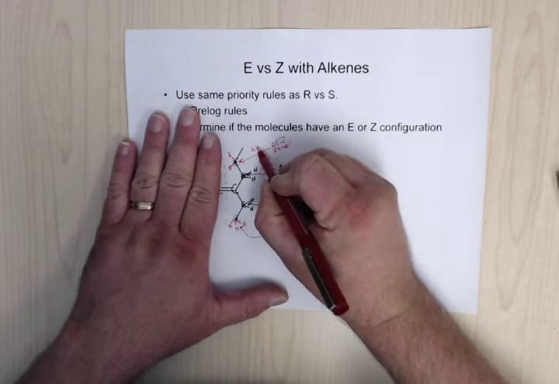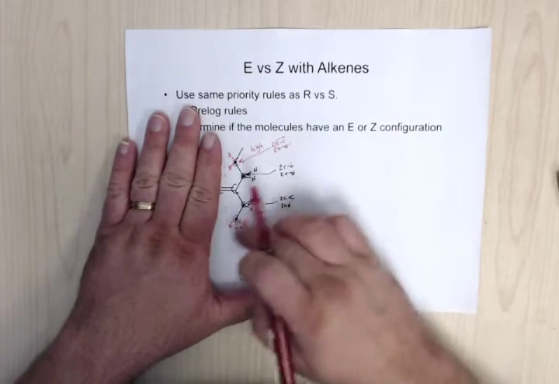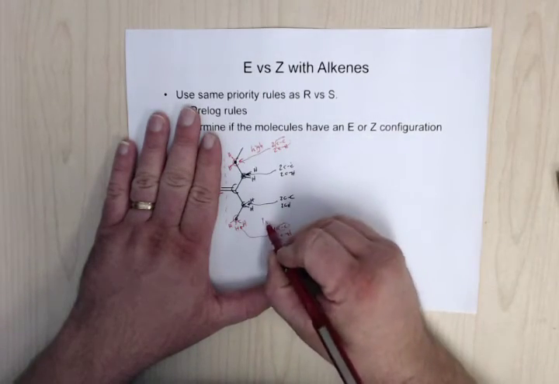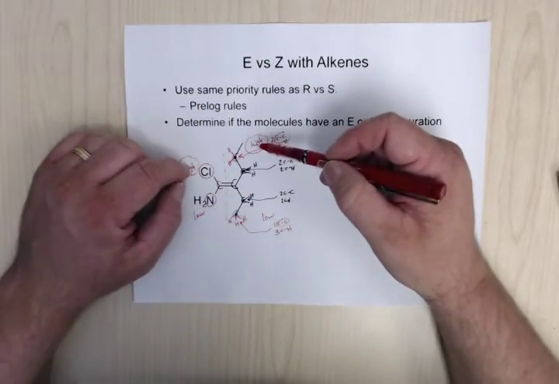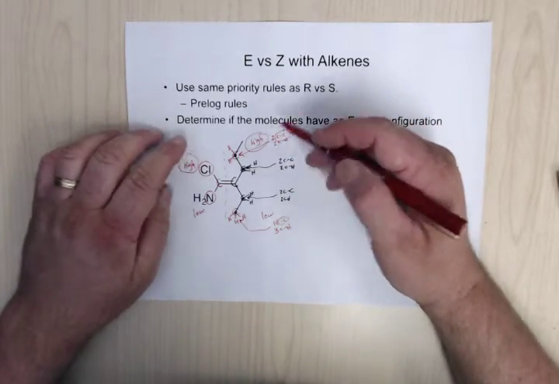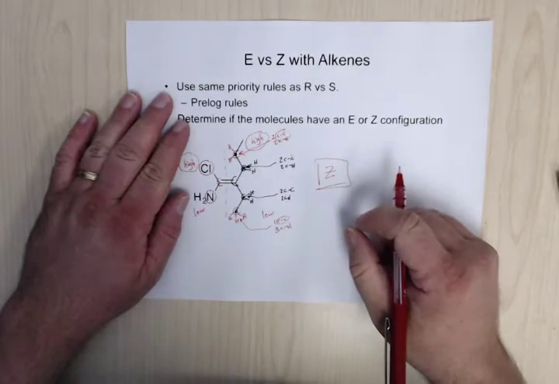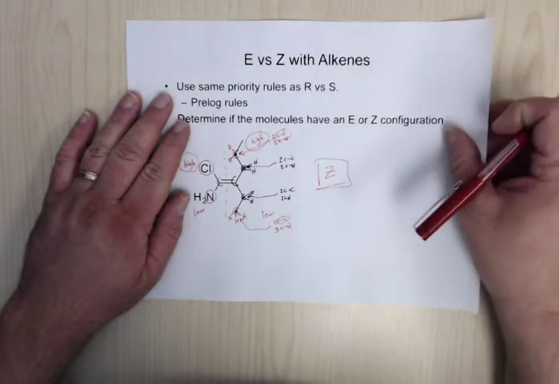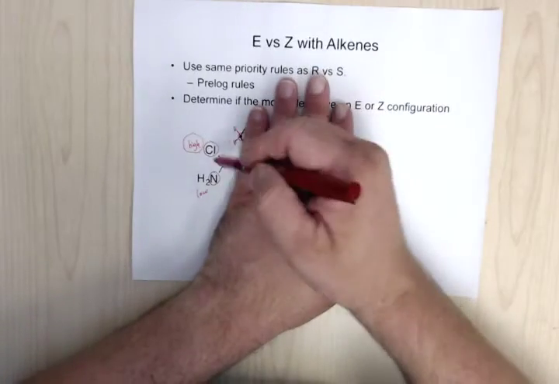So this group here is going to be a higher priority than this. So here are the highs. Are they on the same side? Yes, they are on the same side. So it's in a Z configuration. So very similar to what's going on with the R and S. You're just looking at these two and comparing them to these two.